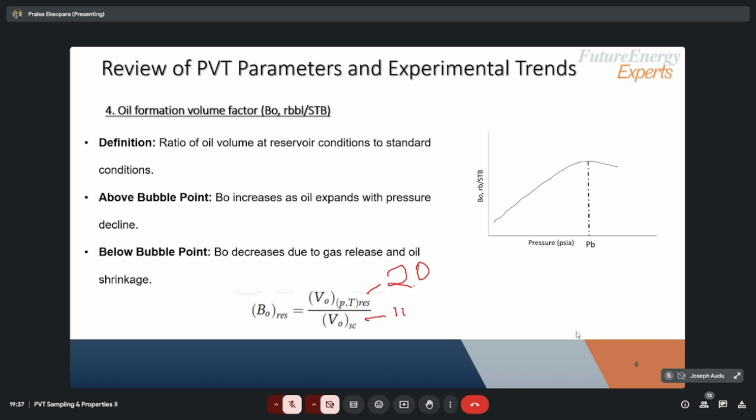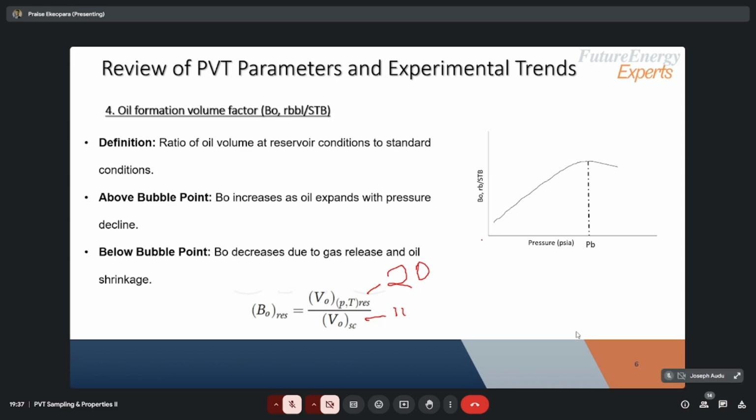That's why when we divide 20 by 11, you'll be seeing 1 point something. That's why in most cases you will always see BO values ranging in 1 point, especially for black oil. Then if you are talking about volatile oil, you can even see them climbing up to, let's say, 1.9 to 2 points and thereabout. The lighter the oil, you can see higher values for BO.